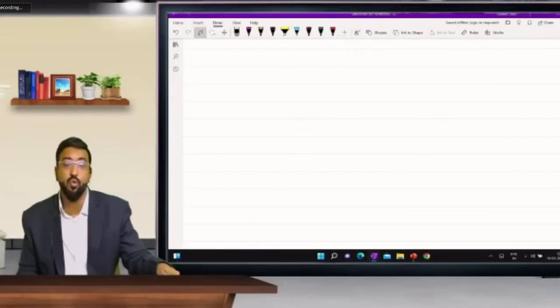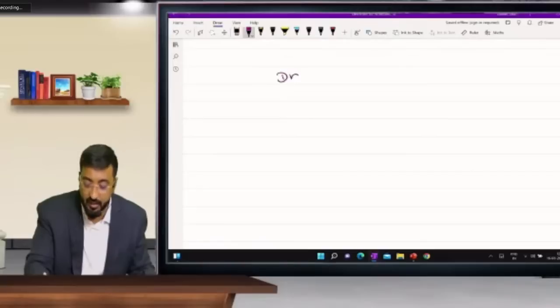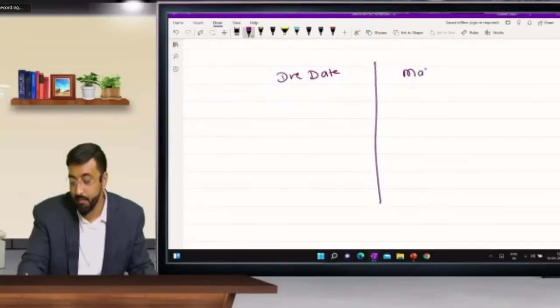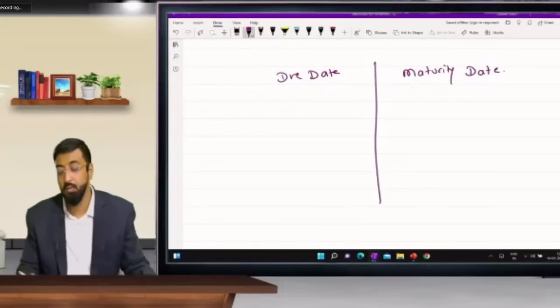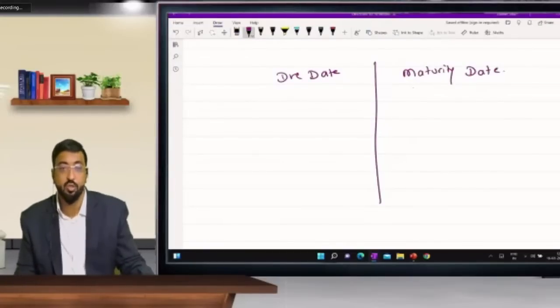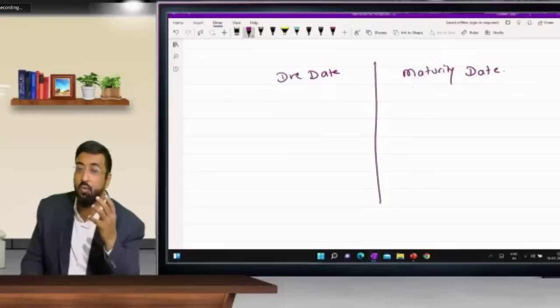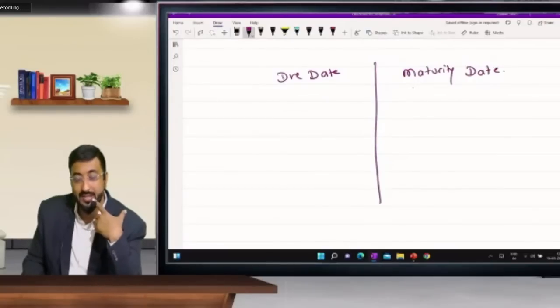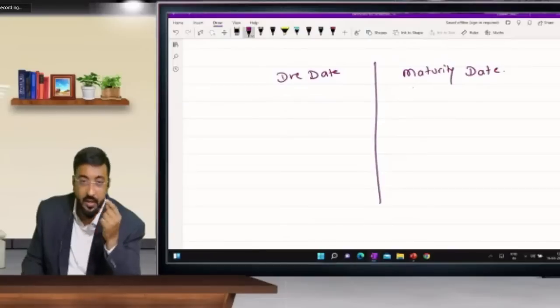Then I'm going to take some difference between due date and maturity date. So let's understand due date and maturity date. Normally these words are interchangeable. Normally due date and maturity date are same, but there is one technical difference.